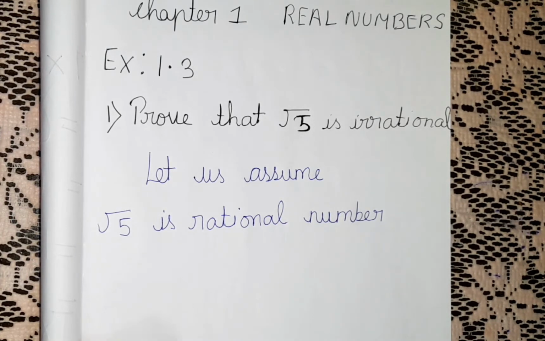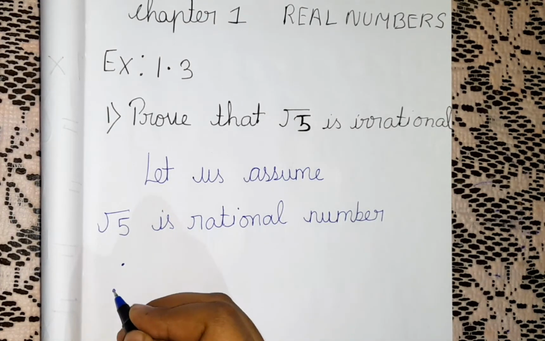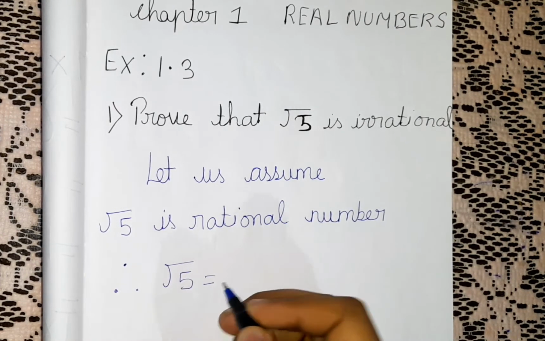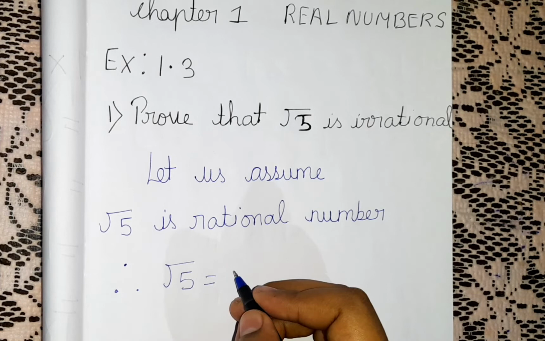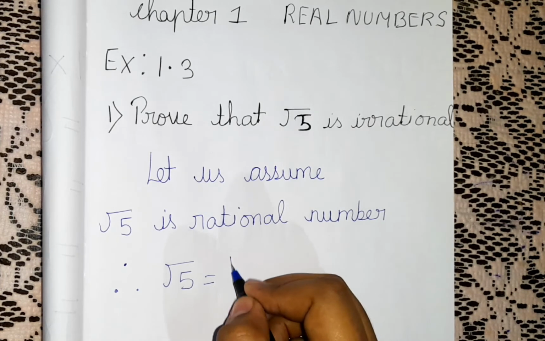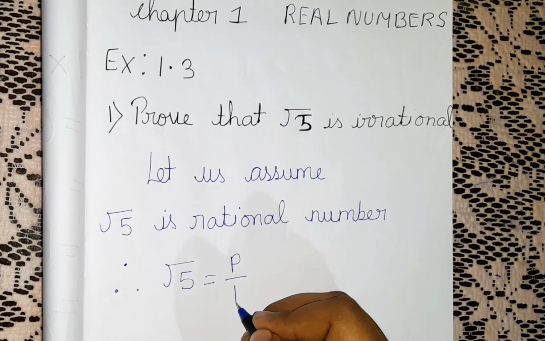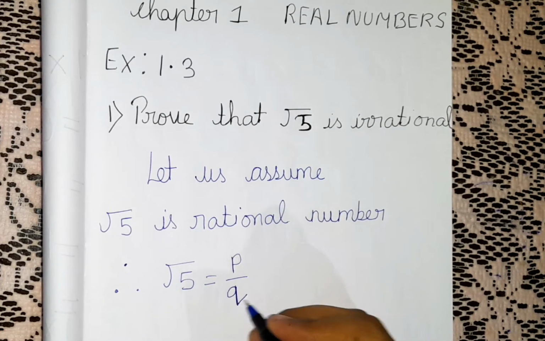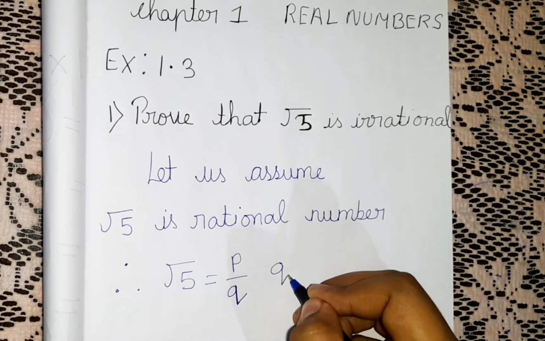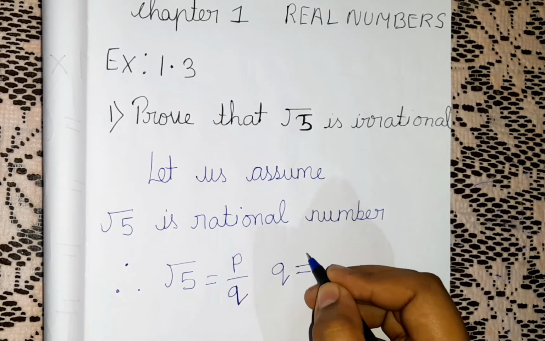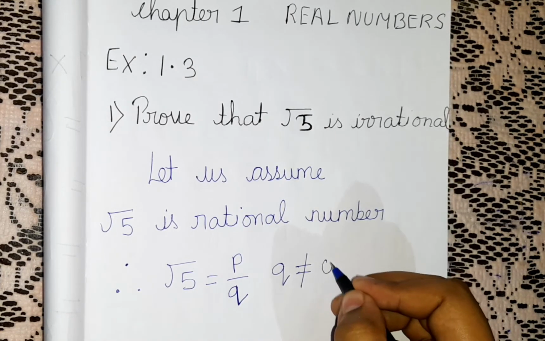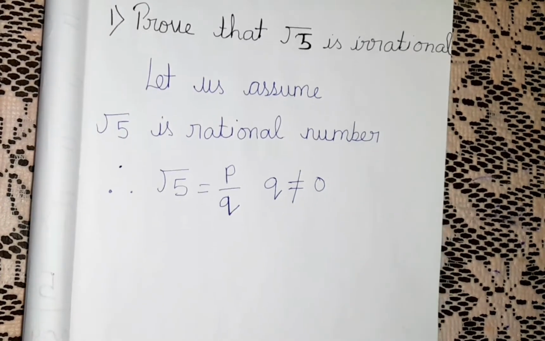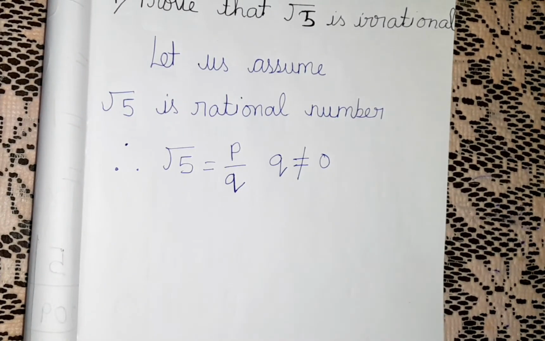Therefore, let's write root 5 is equal to p by q, where q is not equal to 0. Then what about p and q? Here we are going to take p and q as co-primes.